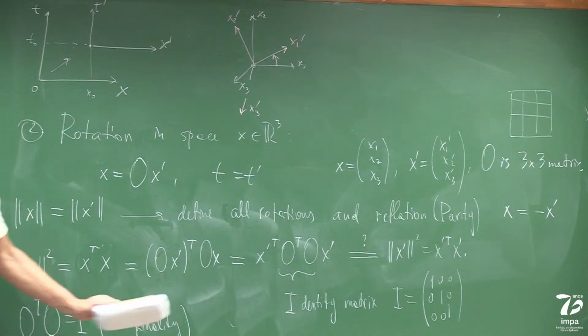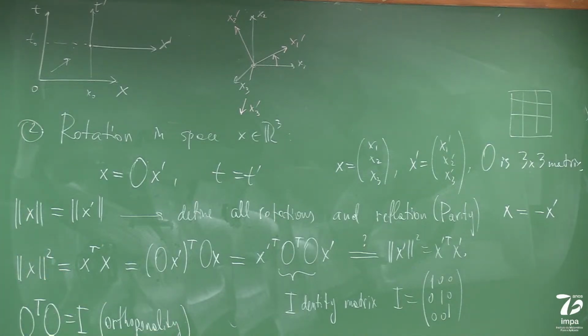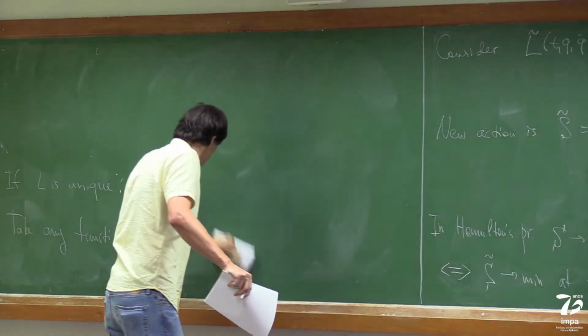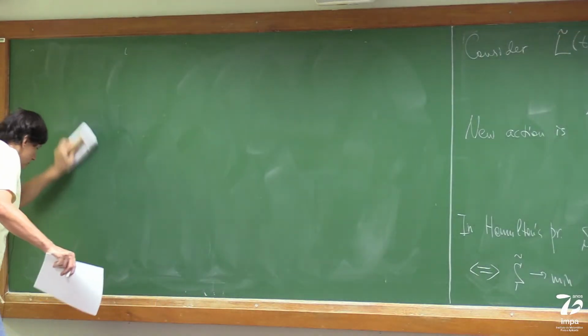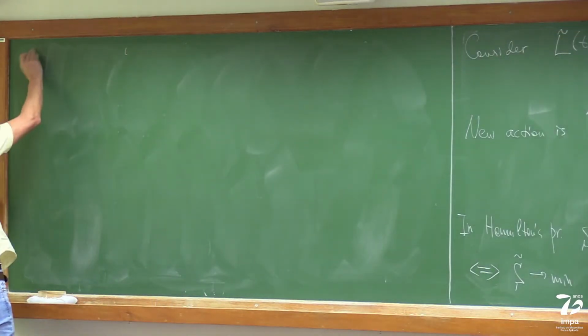And then the third element of the group, the third generator of the group, is the Galilean transformation itself.